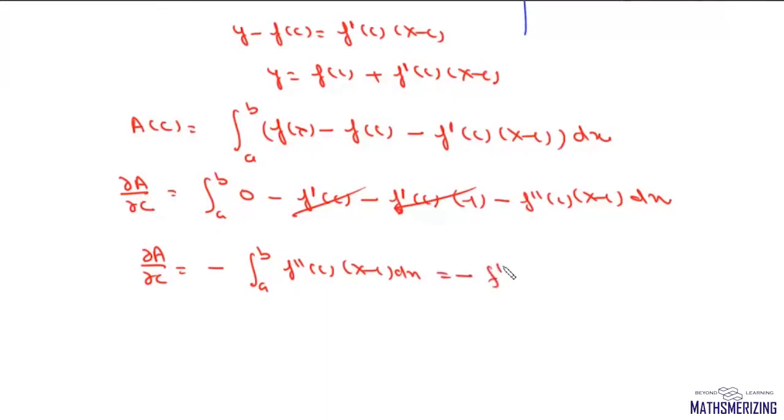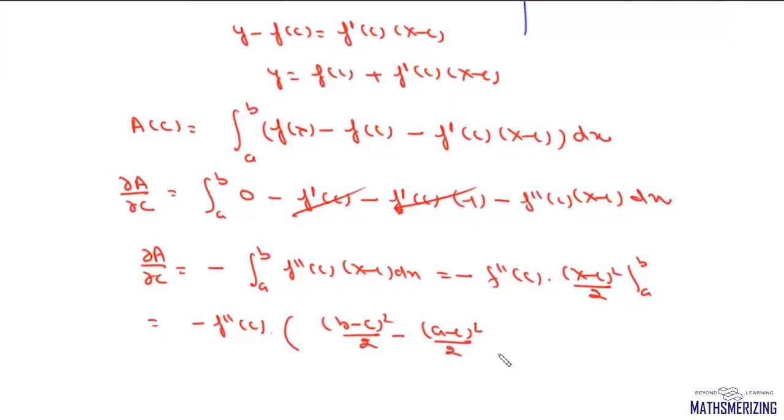We'll take f double dash c out, then it'll be (x minus c) whole square upon 2 from a to b. So it'll be minus f double dash c, and then we'll have (b minus c) square upon 2 minus (a minus c) square upon 2.